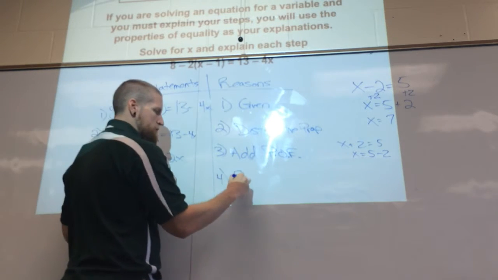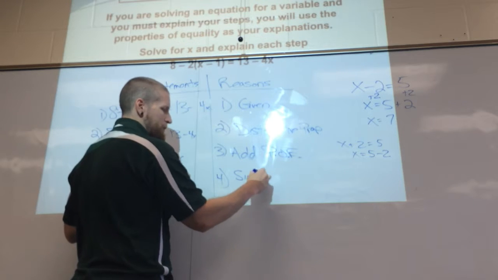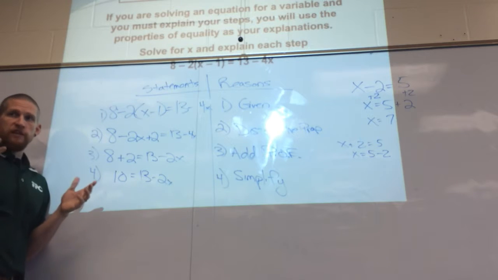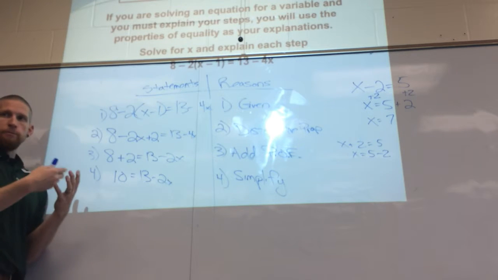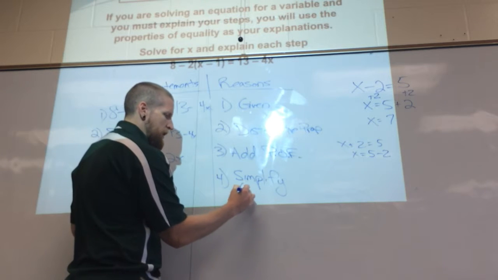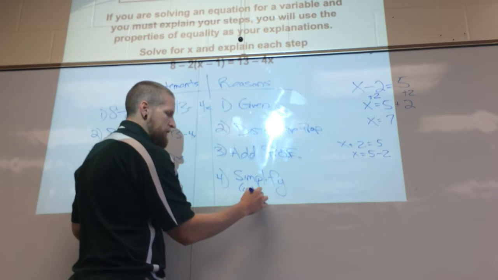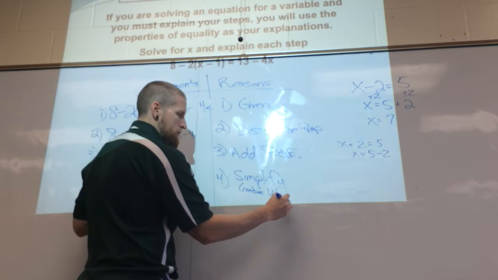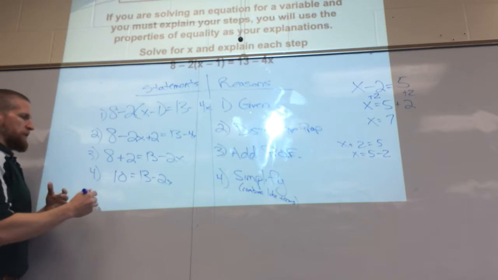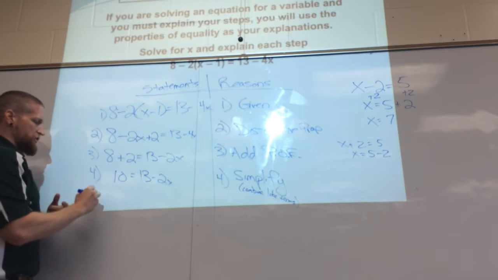Anytime you combine like terms, you can write combine like terms if you want. It's just easier to write simplify or simplification, because that's what you're doing. You're simplifying the equation. So this is pretty much a short way to write combine like terms. Okay, so if you get to a problem where you combine like terms, just put simplify.